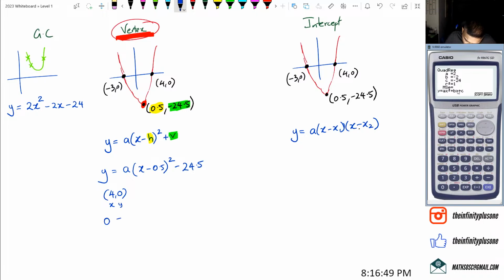So I get 0 is equal to a times 4 minus 0.5 squared minus 24.5. With that in mind, I've just got to do a little bit of rearrangement. So I've got a times 3.5 squared minus 24.5.